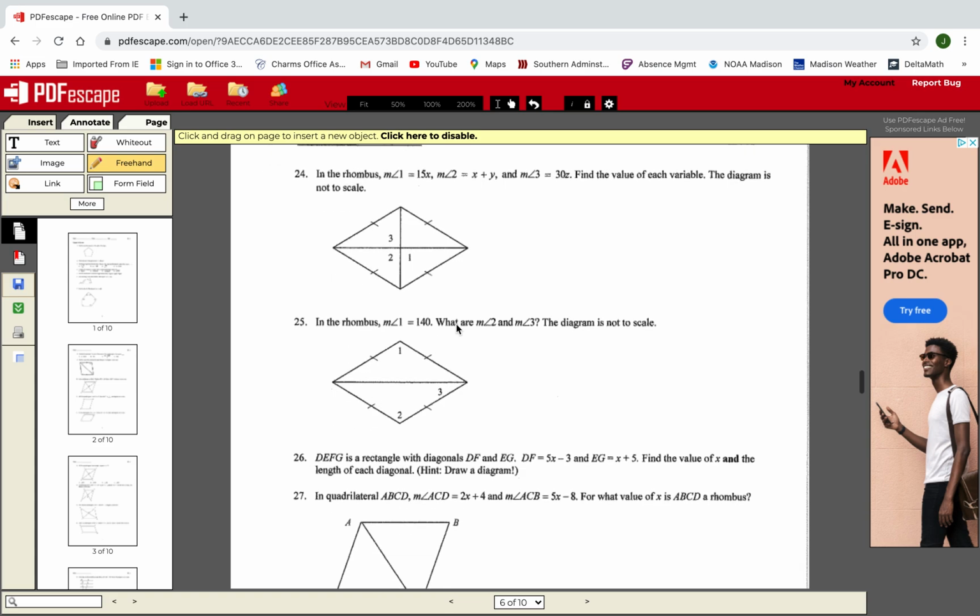On 24, it says in the rhombus, the measure of angle 1 is 15x, and I'm going to put these next to the angles inside the figure. Angle 1 equals 15x. Angle 2 equals x plus y. And angle 3 is 30z.